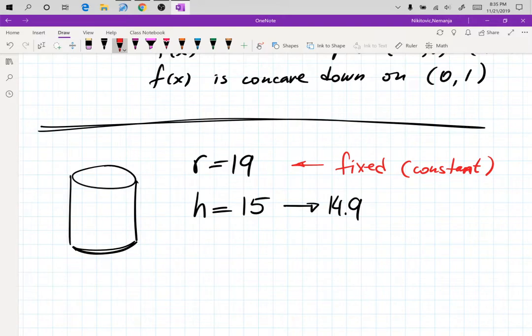Therefore, when you do your derivative, you are not going to be differentiating r because it's constant. Therefore, there will be no product rule. What's the volume of the cylinder? It's area of the base, which is pi r squared, times the height, which is h. Again, it's important, that's constant.